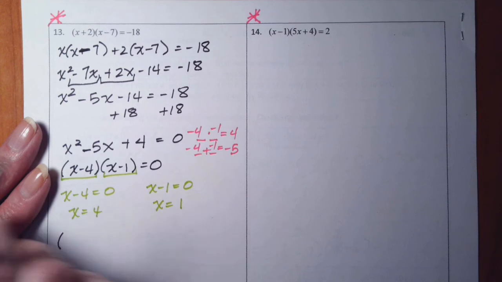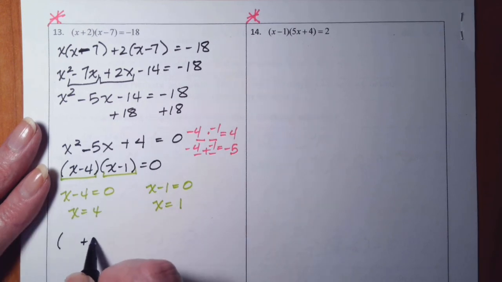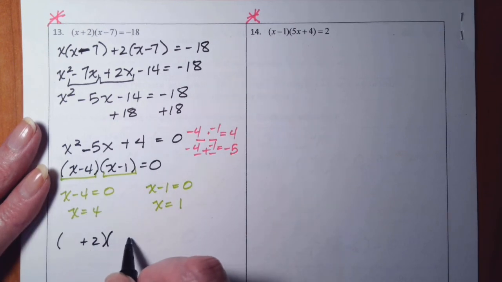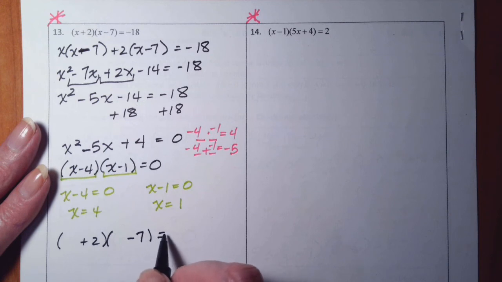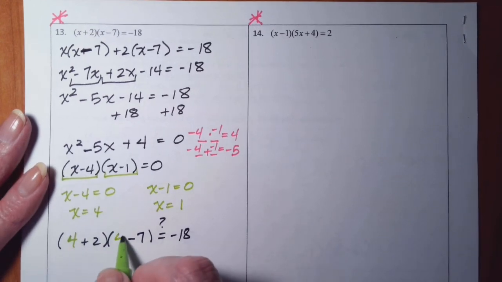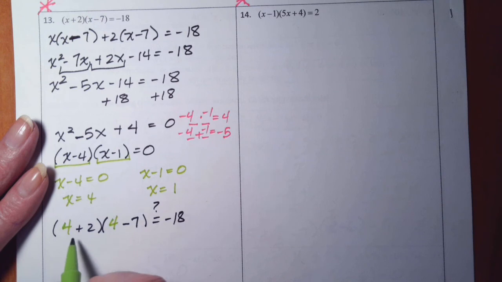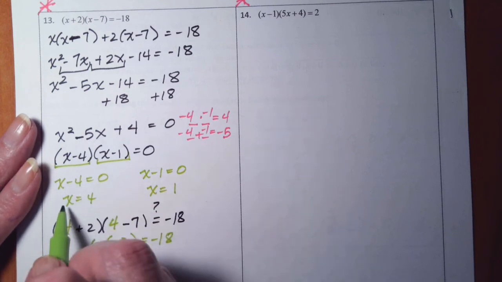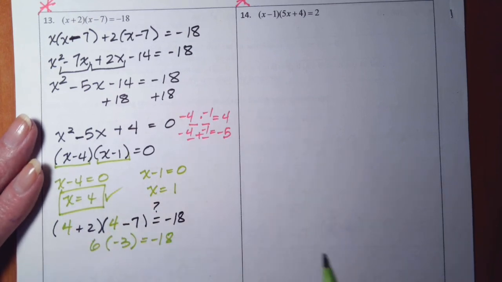So I'm going to start with something plus 2 times something minus 7, and I want to know if that's equal to negative 18. Okay, let's start with 4. So this becomes 6 times negative 3 is equal to negative 18. So this one checks.